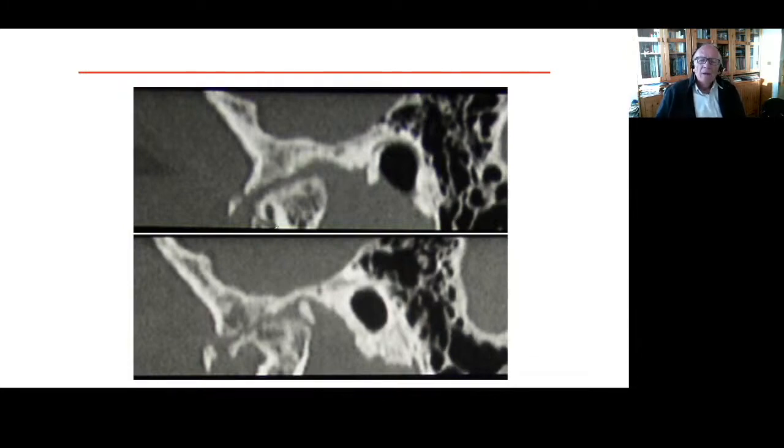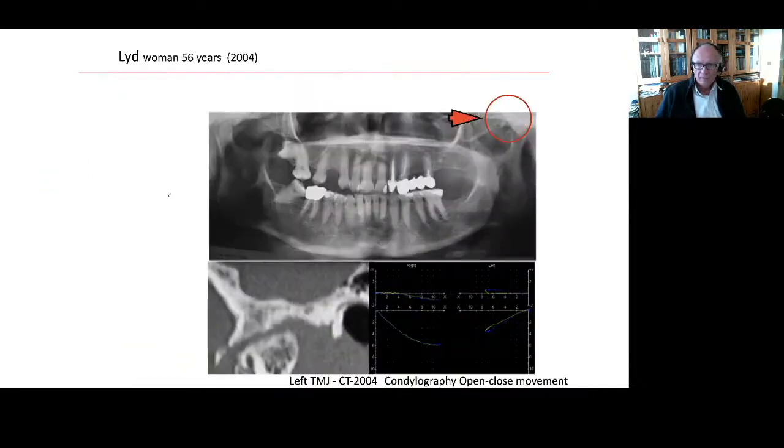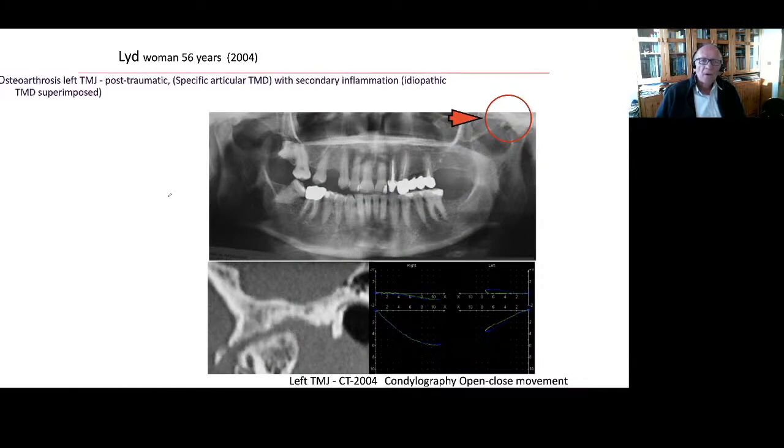And look at the CT scan: osteoarthrosis and remodeling of the eminentia. That means grade 4. Perhaps its origin is post-traumatic.